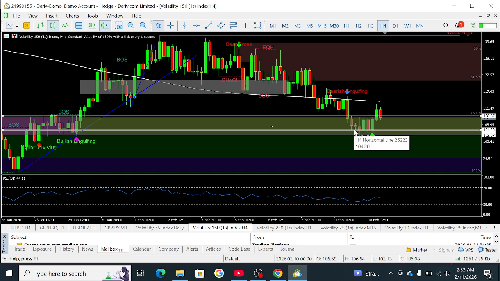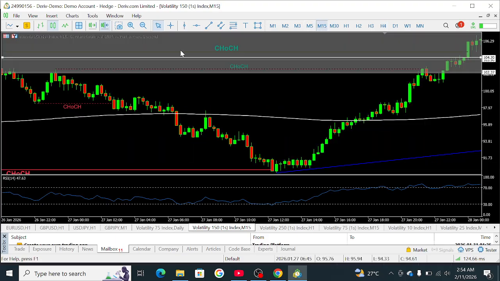So one condition has been met. The next condition now, having identified this at the 4-hour time frame, I'll go down to the 15-minute time frame to see the structure that it will give before I decide what to do.